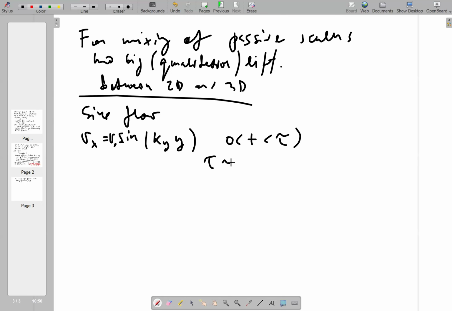So if V naught is speed and K is wave vectors, and characteristic time is scale divided by speed, but scale is 1 divided by K y, right? And speed is V naught. So scale divided by speed, meaning things like that.